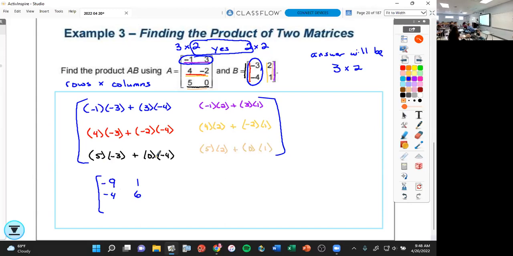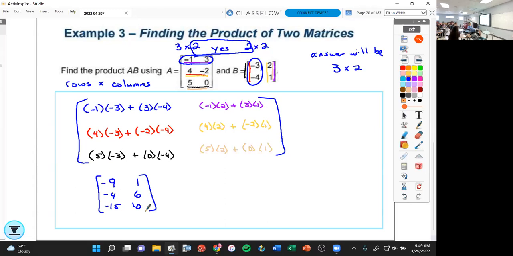Who cares? 0. 10, 0. Is that a 3x2 answer? Yeah. That's how you multiply.